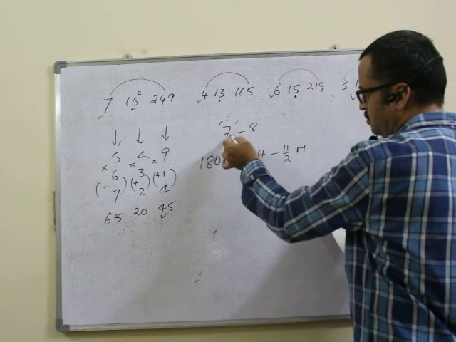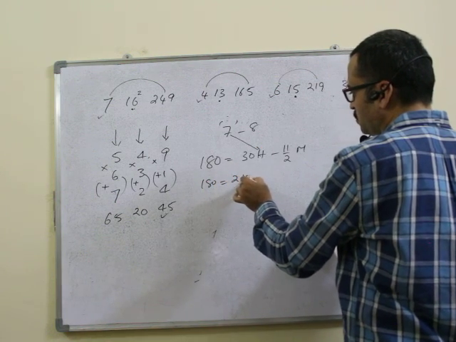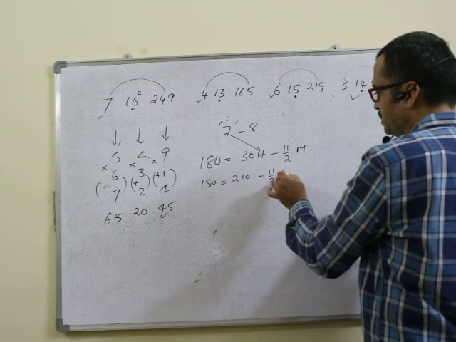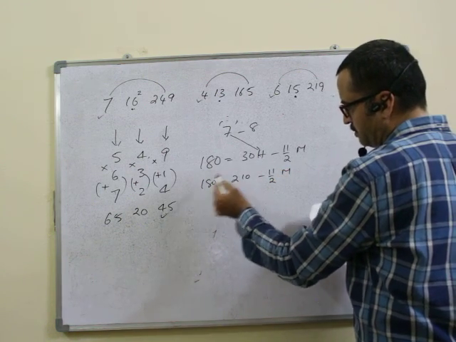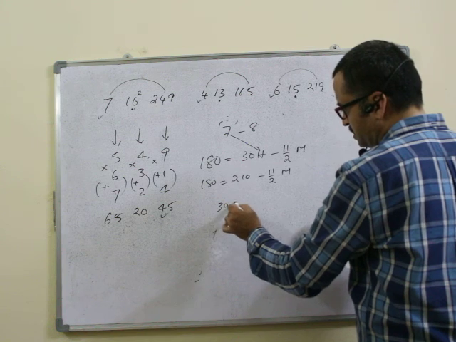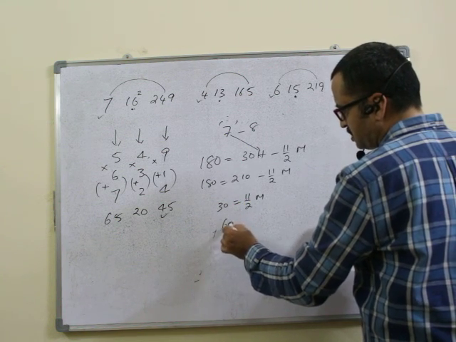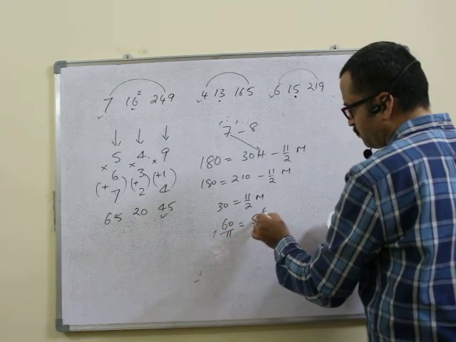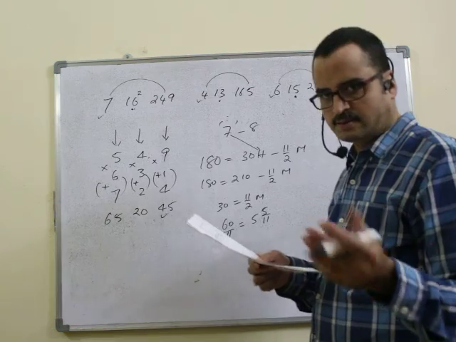So h is equal to 7. So 180 is equal to 210 minus 11 by 2 minutes. So this value goes there, so it becomes minus 30. Understood? So minus minus gets cancelled. That is equal to 11 by 2 minutes, or we can say 60 by 11, or 5 by 11.